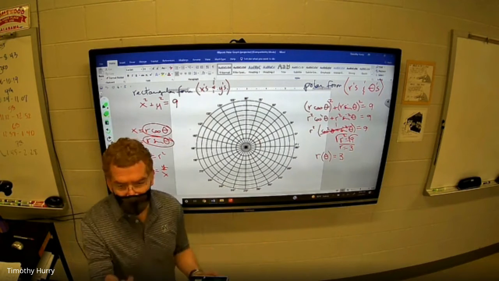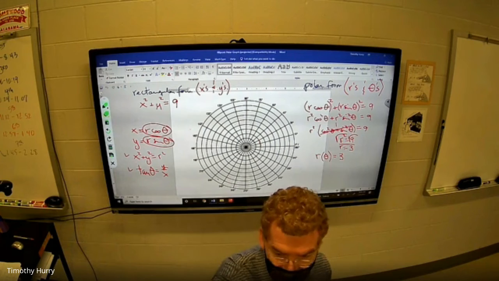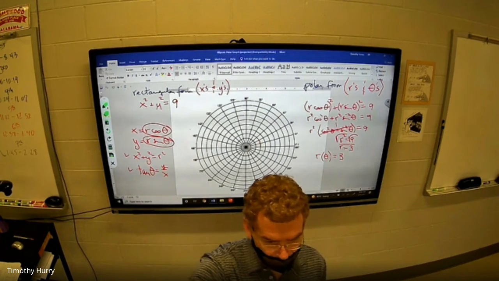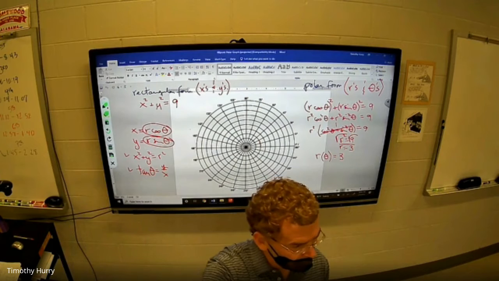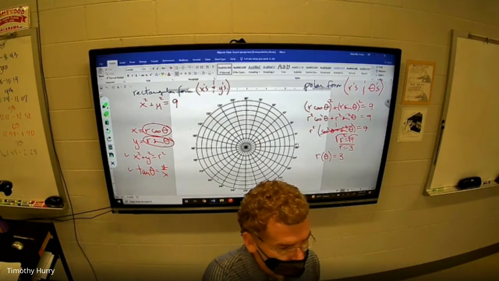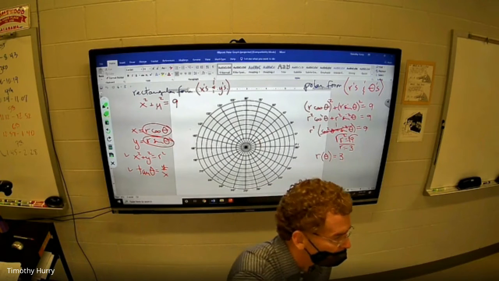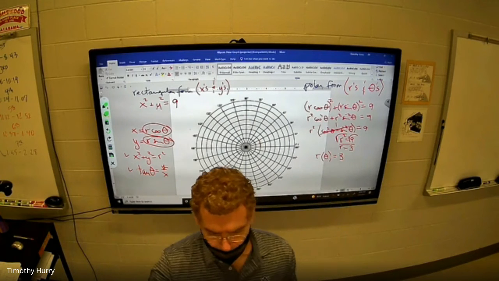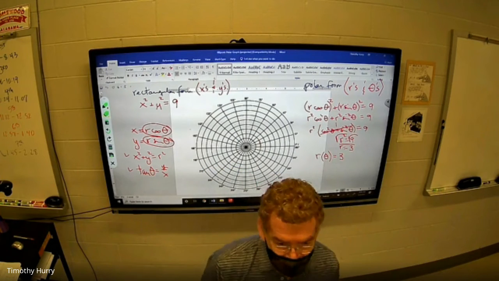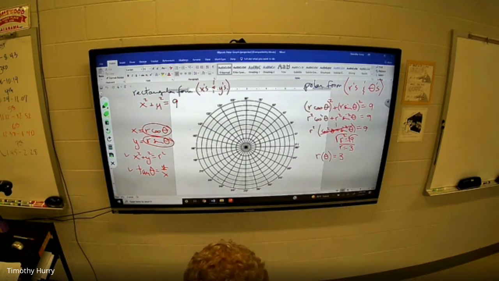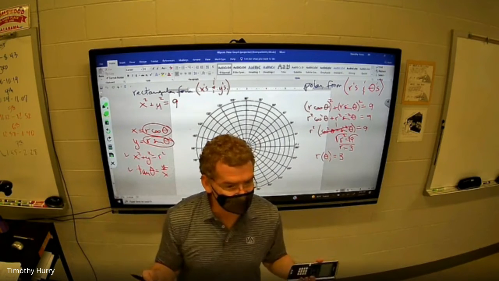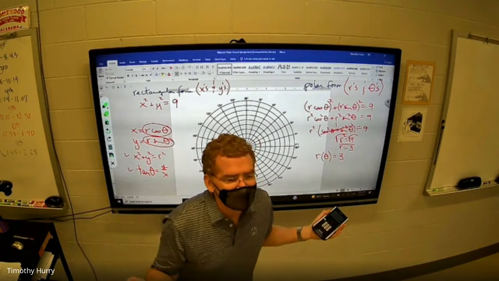Bottom line is, the bigger the step, the more space it goes till it marks a point, and then it connects the dots and puts a flat side in there. So if you put a step of 10 in there, it's going to go a whole bunch, and you're going to see that's not a circle, but you know it's supposed to be. So keep the step at like 0.1, or if you're in degrees and you change your theta from 0 to 360, make your step like 5 degrees.